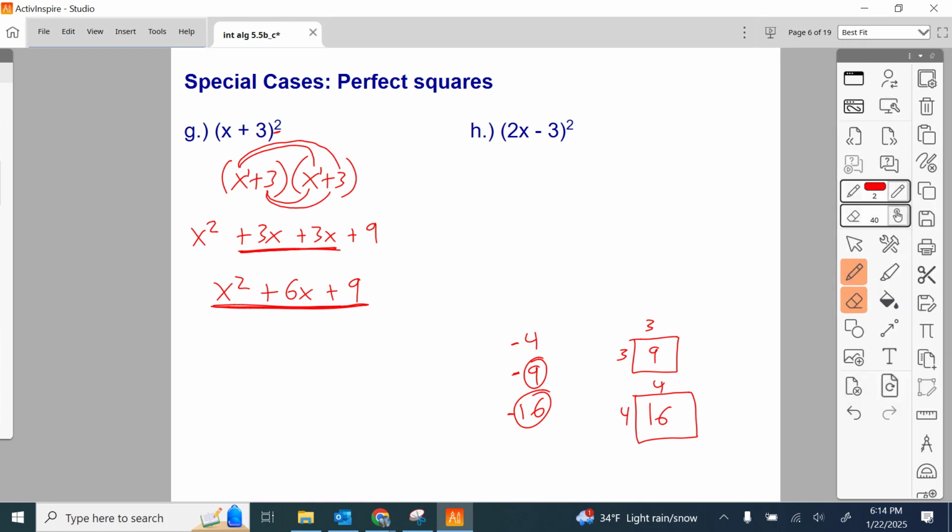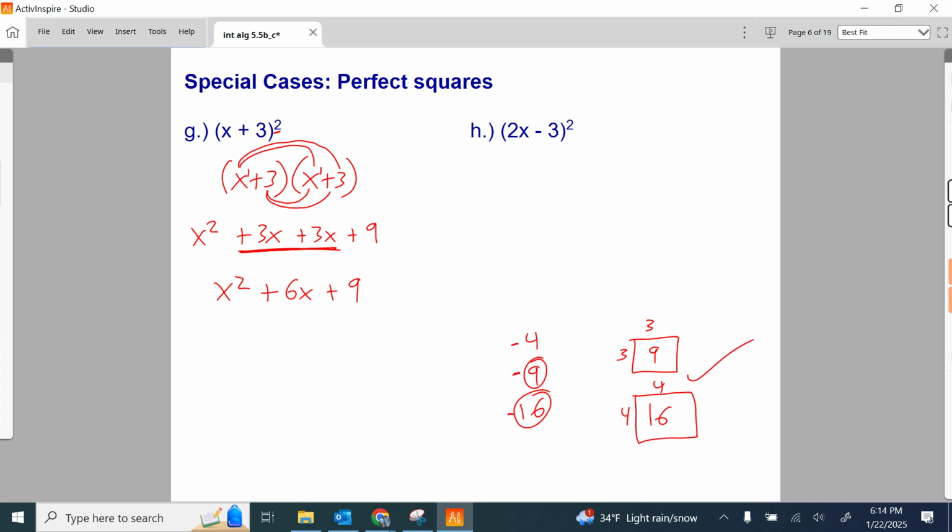It has a lot of algebra in there, so it looks funky compared to these over here, but it's a perfect square because, if I have a square, and I know it's not drawn exactly square, with an area of x squared plus 6x plus 9, that means the sides of the square were x plus 3 and x plus 3.